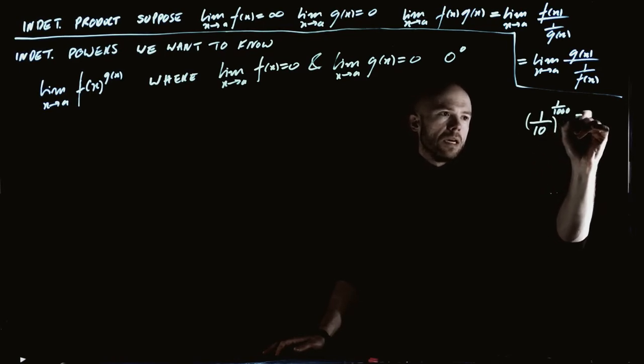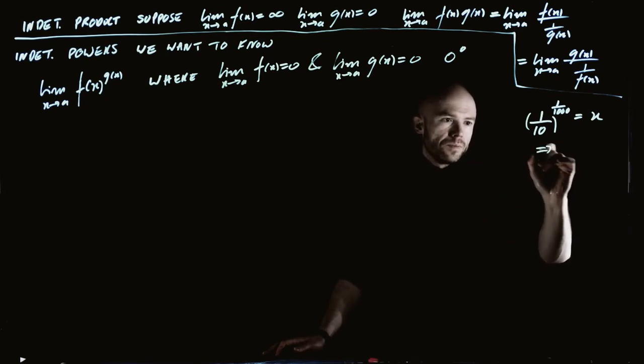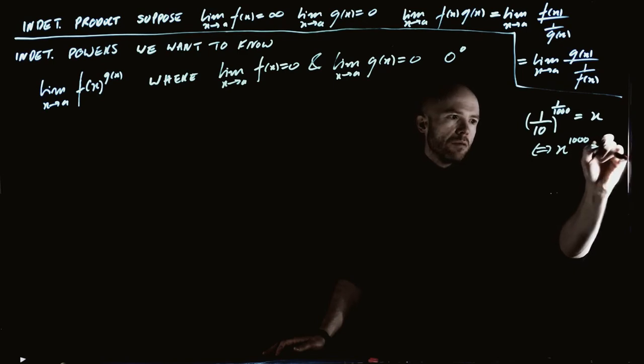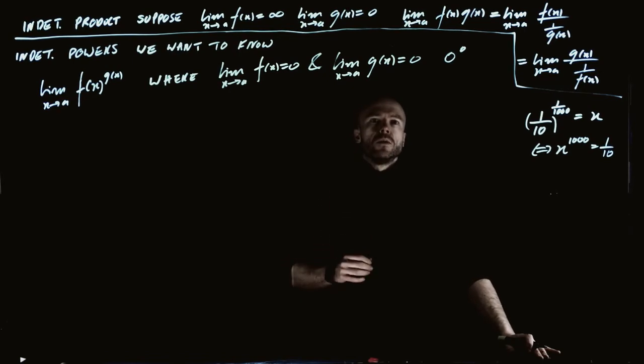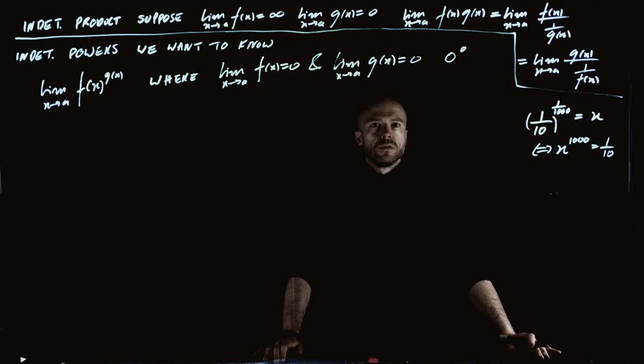And suppose that thing is x. That means that x to the 1,000 is equal to 1 over 10. That means x is going to have to be very, very close to 1. It's less than 1, but very close to 1, or there's no way that could be true, right? If we had, for example, 0.9 to the power of 1,000, for sure, it's going to be a lot smaller than 1 over 10, right?